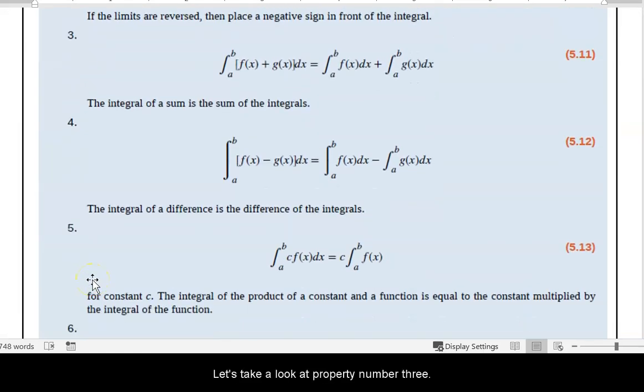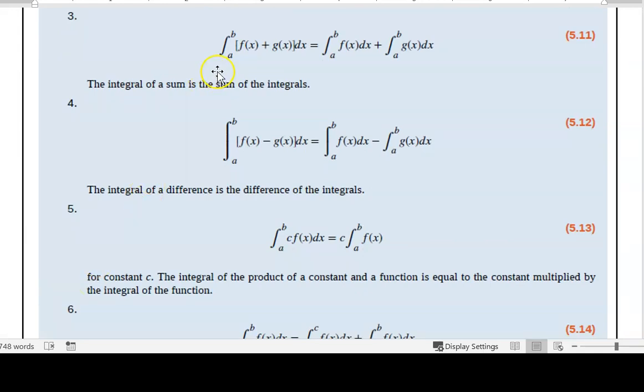Let's take a look at property number 3. This says if you have the integral from a to b of two functions added together, it's the same as the integral from a to b of the first function plus the integral from a to b of the second. Rule 4 is the same, but instead of a plus in between, we have a minus. This is similar to the rules that we've seen before for derivatives and limits.